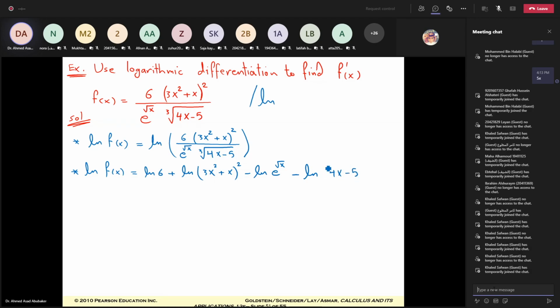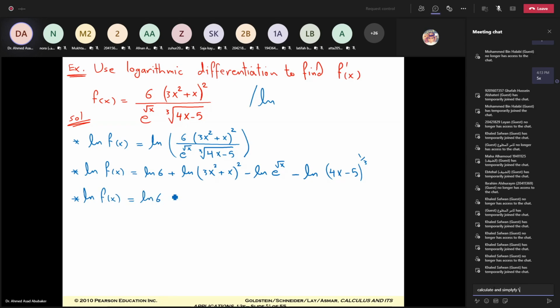The cube root, we can put as the exponent 1 over 3. Now, the third step, put the exponents as multiplication.